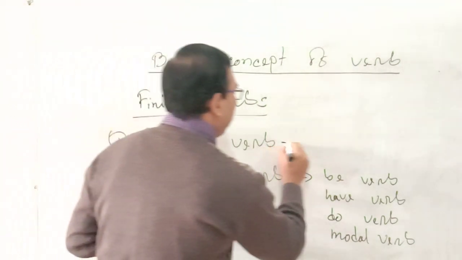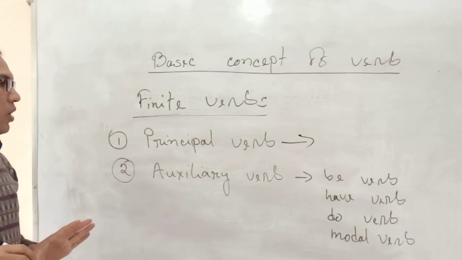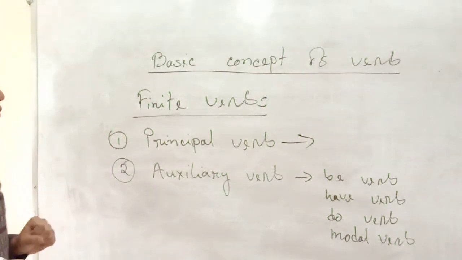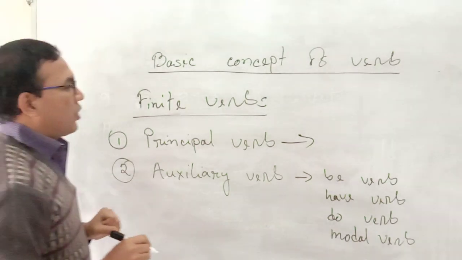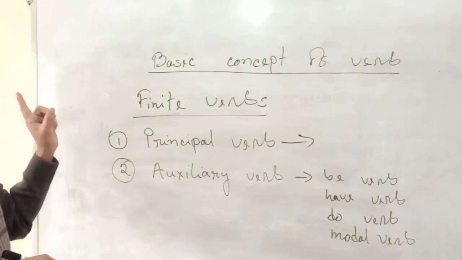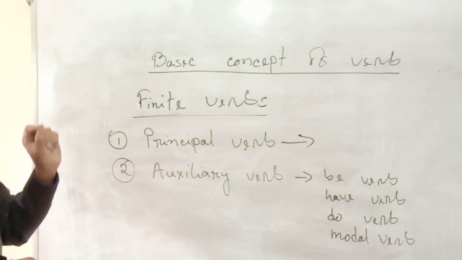And principal verbs, we have already discussed the six forms of verb and the three forms which change with the change of subject and tense. I gave the example of the go verb, that is go, goes and went.